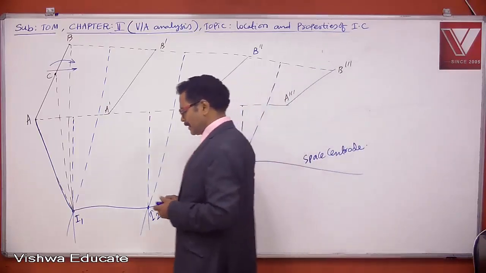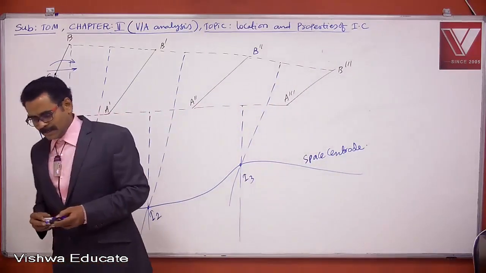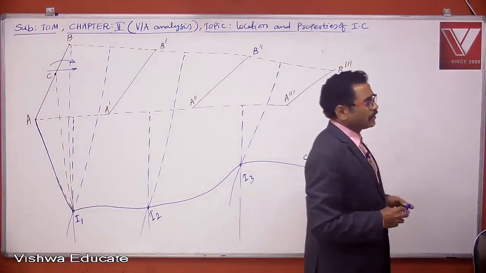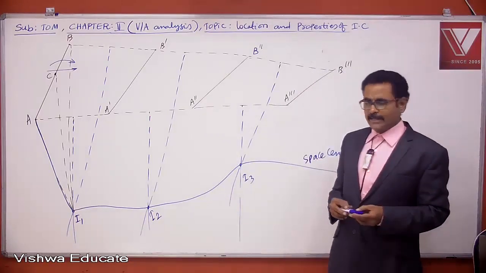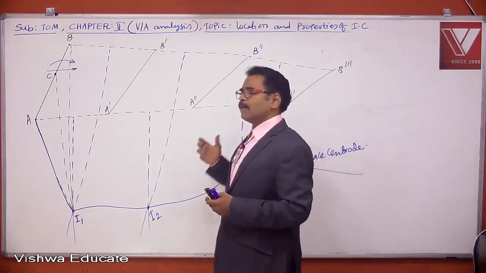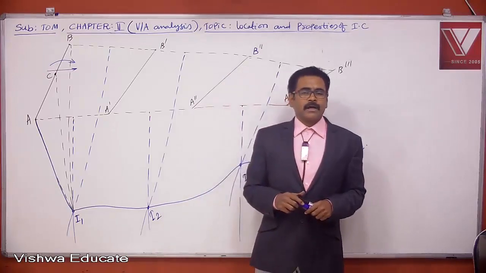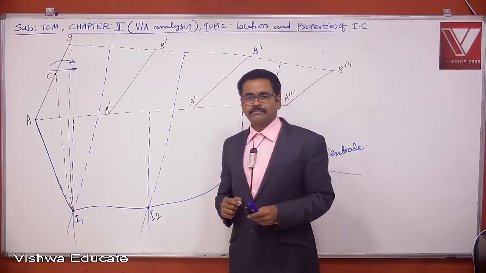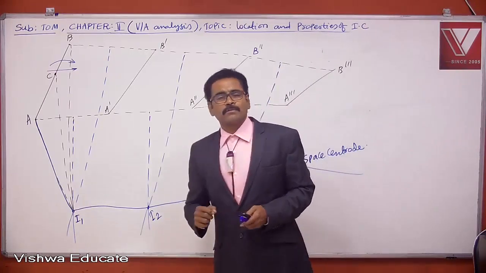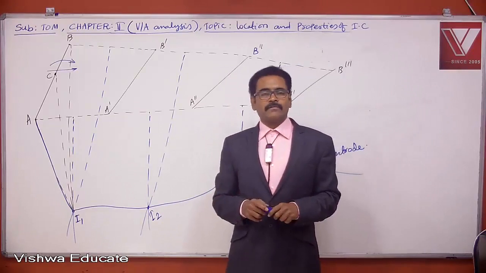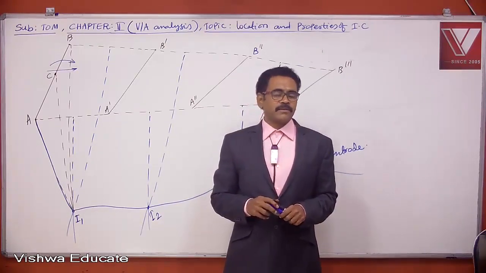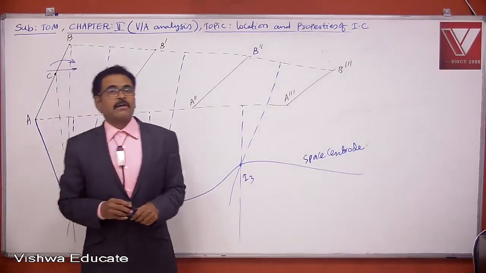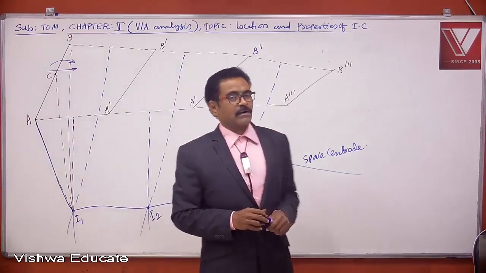It is the line which is passing through IC, and normal to the plane of operation of the kinematic link.